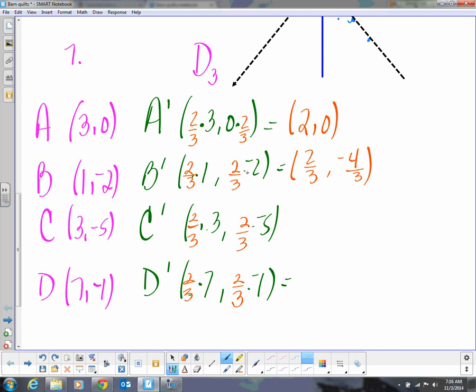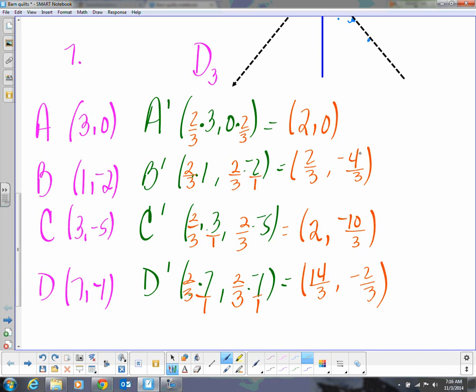How do we multiply fractions? Numerator times numerator, denominator times denominator. This is again 6 over 3, which is 2. This is going to be -10/3. Then this is 2/3 times 7 over 1, which is 14 over 3. And this is 1 over 1, so that's going to be -2/3.